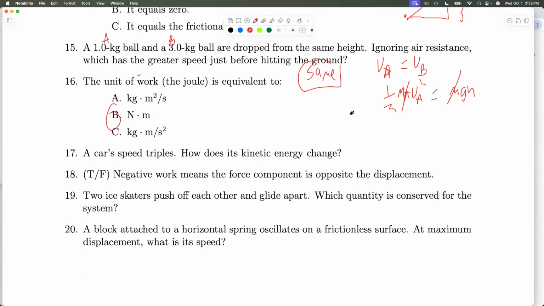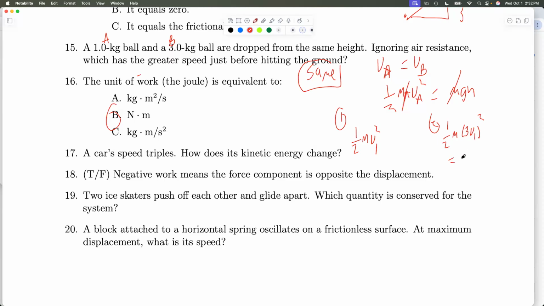Okay. So here's the best way to do these problems. Call it V1 squared. Here's his initial kinetic energy. Now here's number 2. I'm going to triple this. So 1/2 m times 3V1 squared.